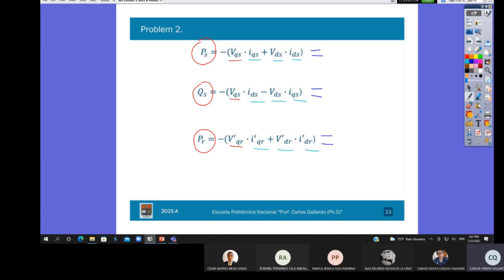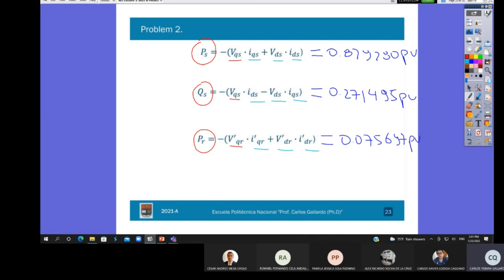Okay. So therefore, substituting the values, I will have the stator active power is equal to 0.829,280 per unit. Okay, the stator reactive power is equal to 0.271,495 per unit, and the rotor active power is equal to 0.075,697 per unit.